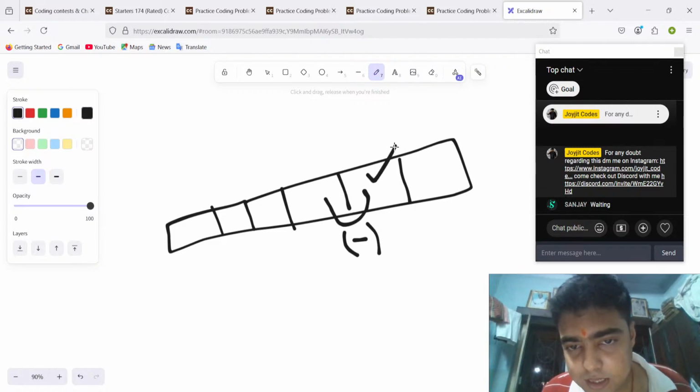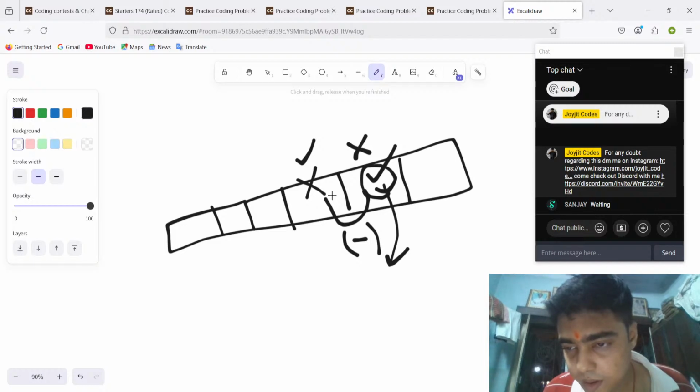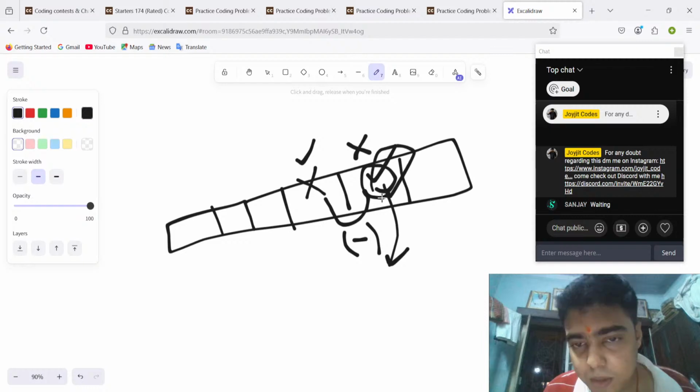I can keep this and eliminate this, or keep this and eliminate this. If I keep this, what will the value of this become? It will become this value minus this value. And if the value is lesser than 0, which is the case if this number is lesser than this number, then instead of getting a negative number, we can directly make it 0.